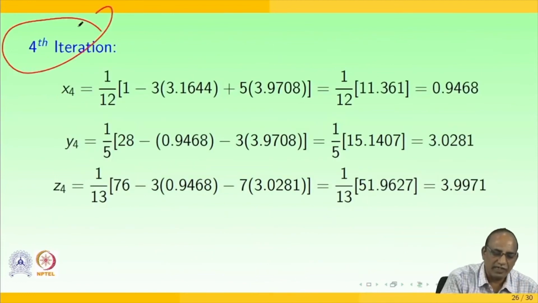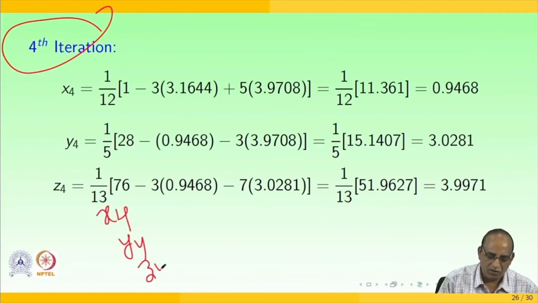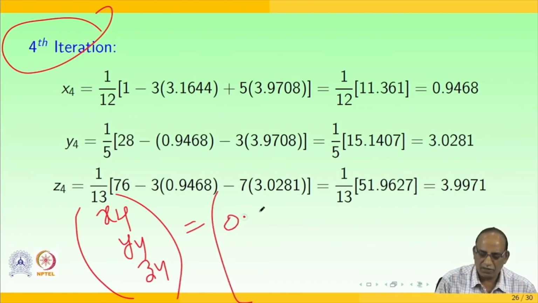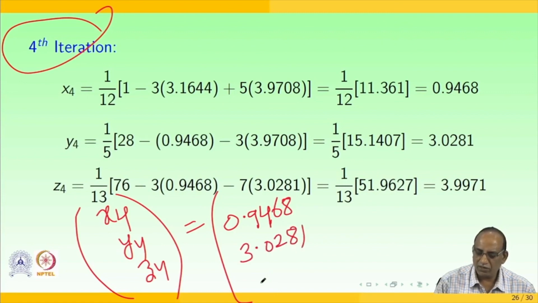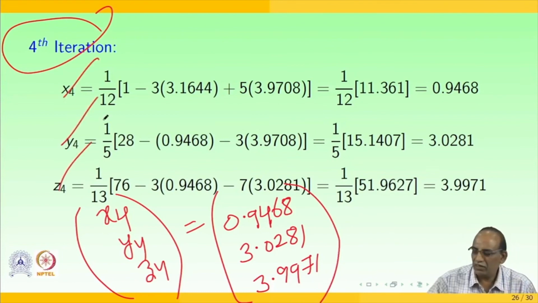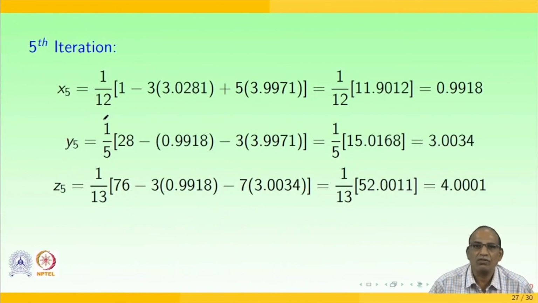In the fourth iteration, you get x4, y4, z4 equivalent to 0.9468, 3.0281, 3.9971. So you do get these values.